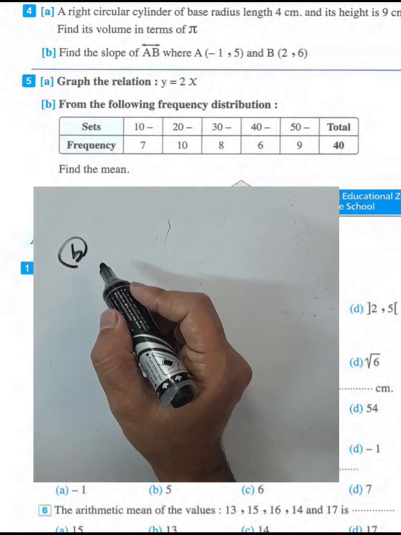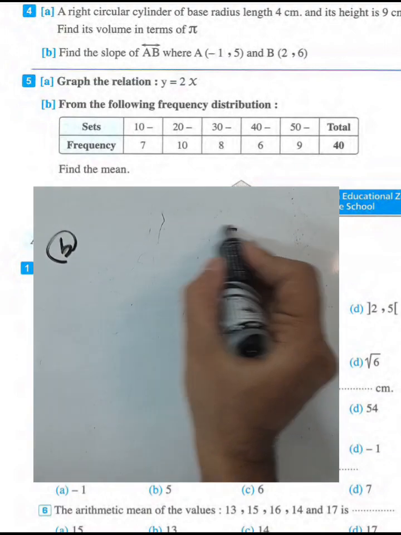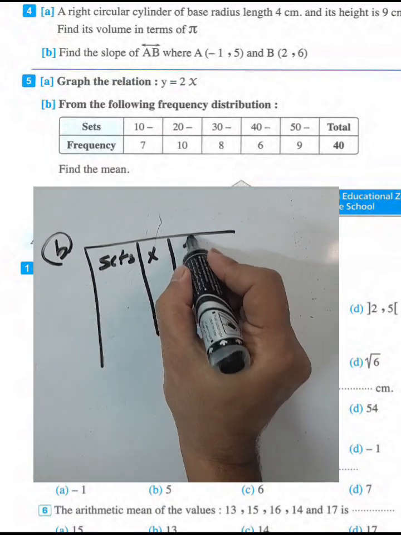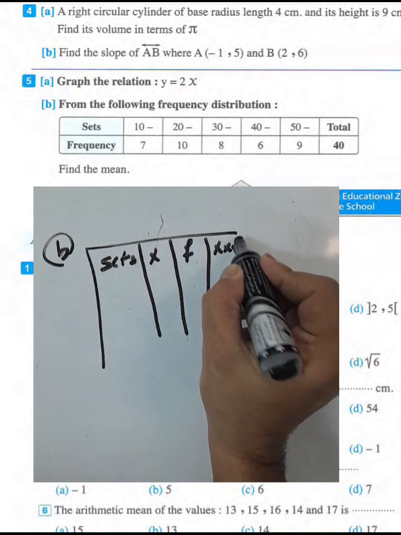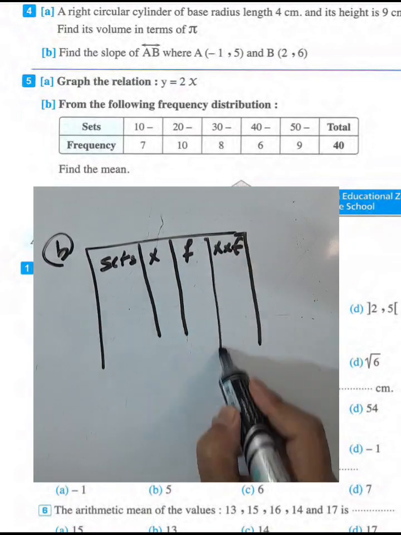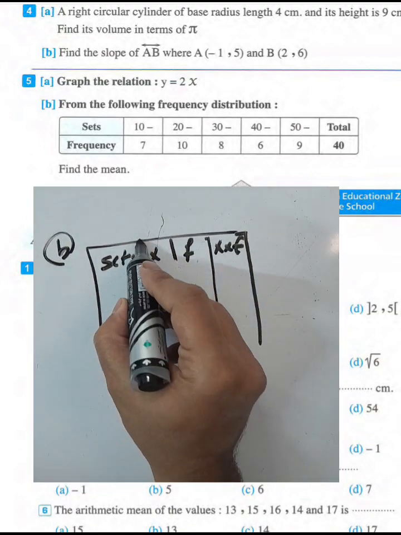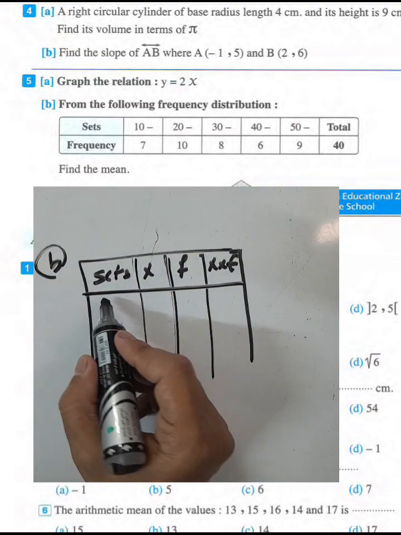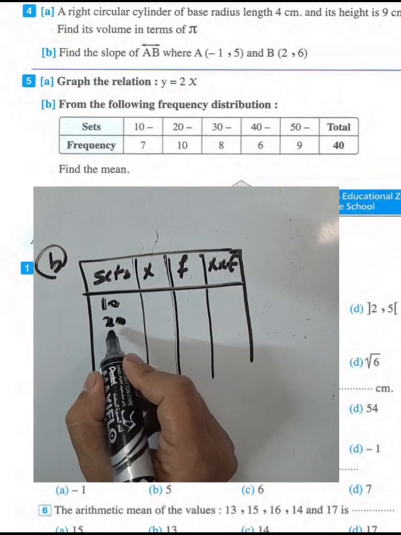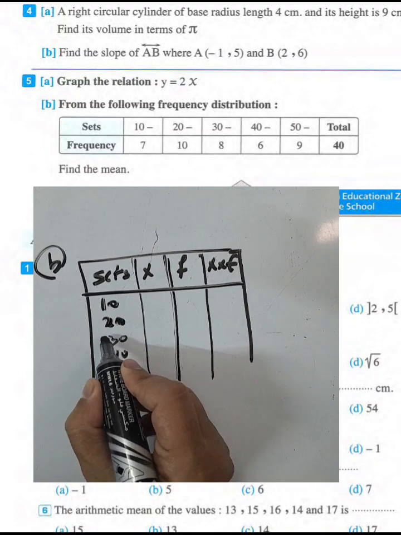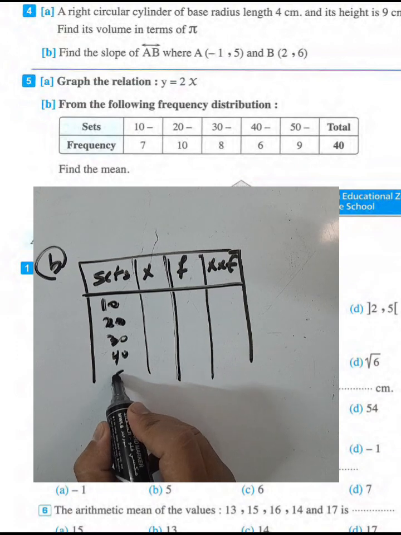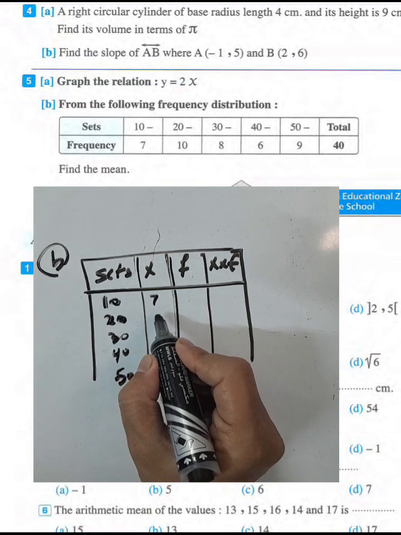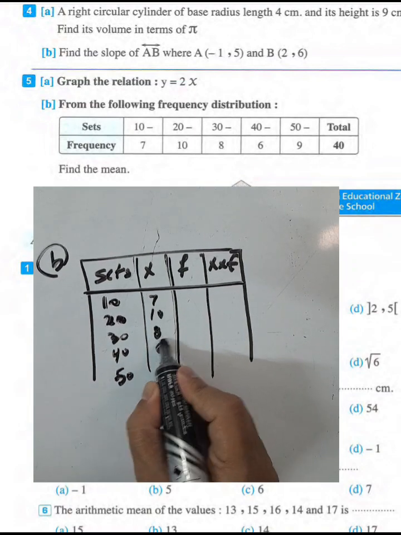We will draw the table and divide it into parts. Here the scores, and here x and f, and x times f. The scores here are 10, 20, 30, 40, 50, and f here is 7, 10, 8, 6, and 9.